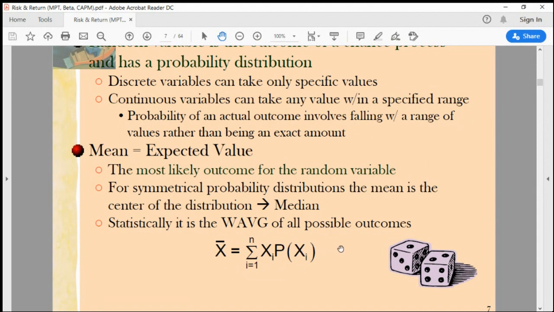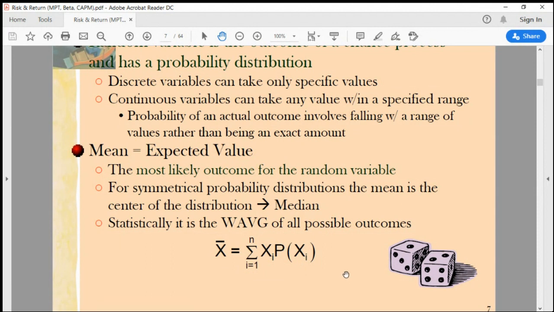I told you, in the case of this dice game, because a dice is a fair cube and the probabilities are all the same, although we represent it with the probability, since the probability is all 1 over 6, you factor out the common factor, and then it simply becomes the simple average, right?